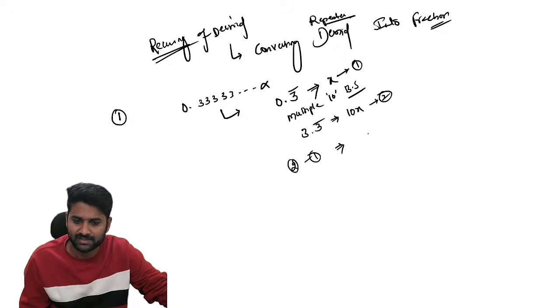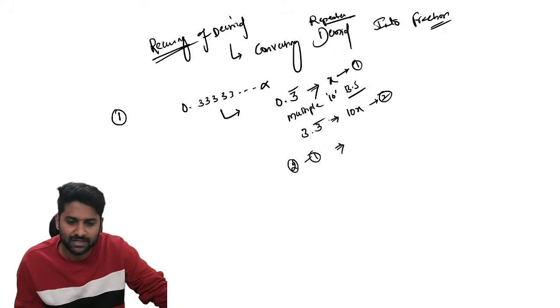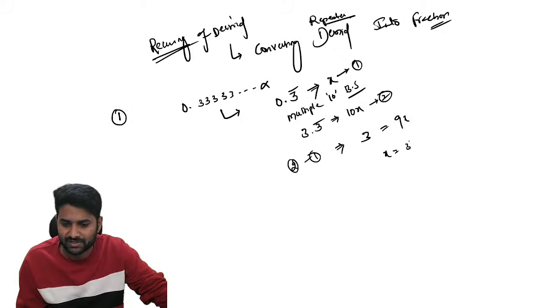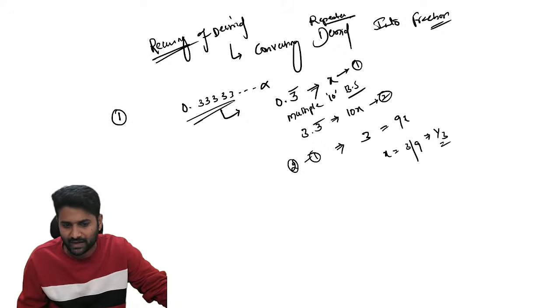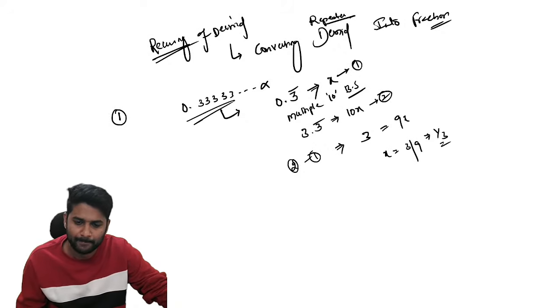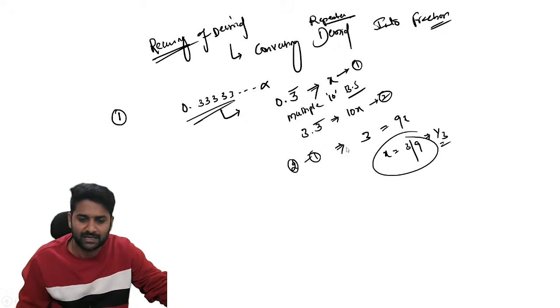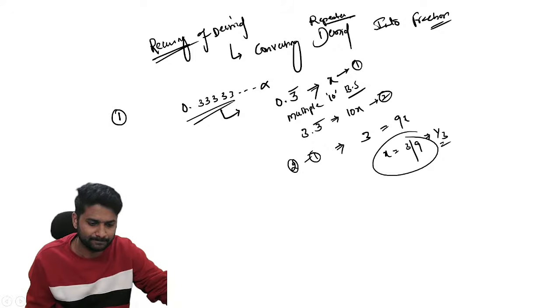The resultant says 3.3 bar minus 0.3 bar is 3. Again 10x minus x is equal to 9x. So 3 by 9, and the result becomes 1 by 3. So to convert 0.333 into a fraction, the value becomes 1 by 3.